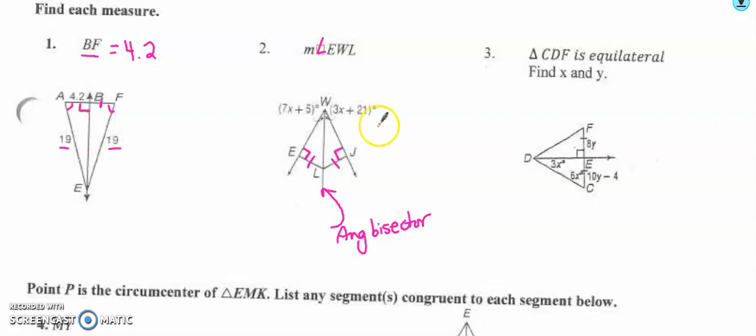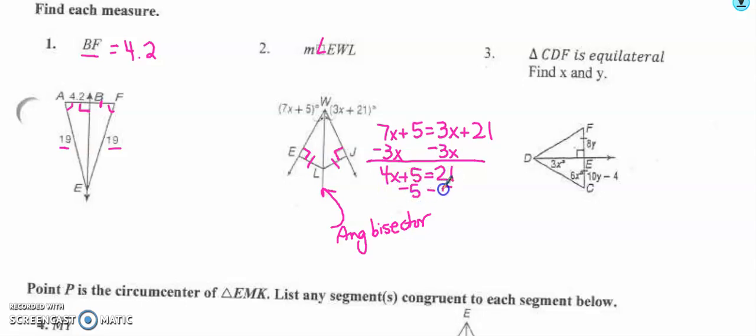So to solve for x, we're going to set 7x plus 5 equal to 3x plus 21. So when you solve that, 4x plus 5 is 21. Subtract your 5. 4x is 16, so x has to be 4.